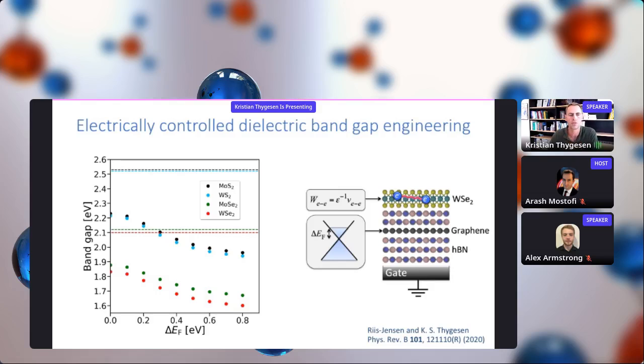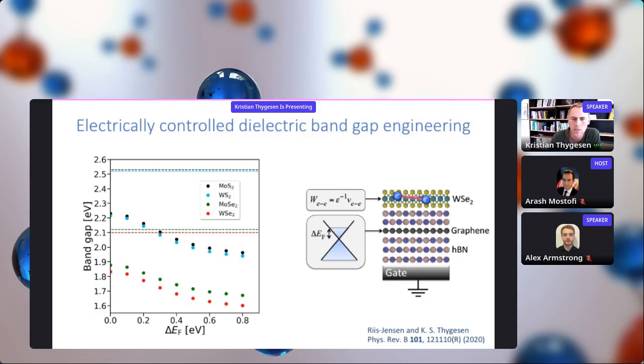This is very different from how you do band structure engineering in conventional materials, where it always involves some kind of straining, as we just heard in the previous talk, or doping or alloying of the material. In this case, we don't touch the material, we just change the dielectric environment.